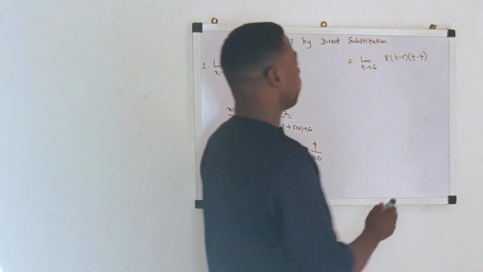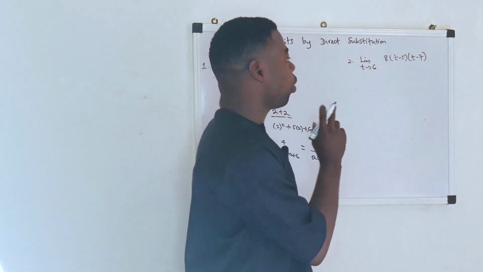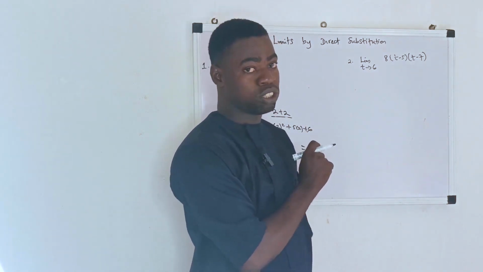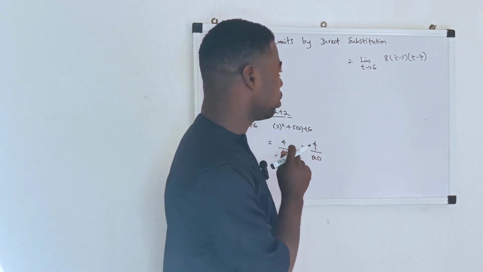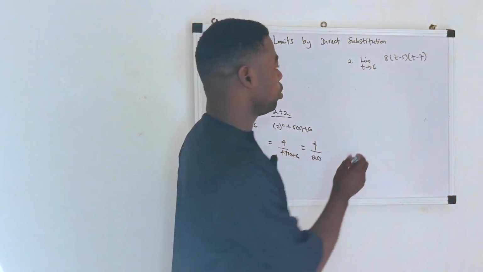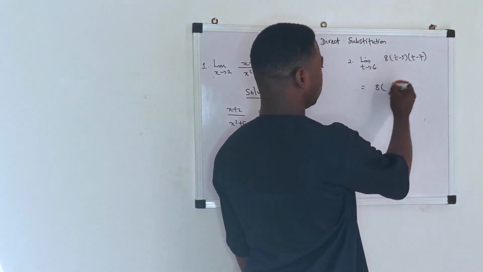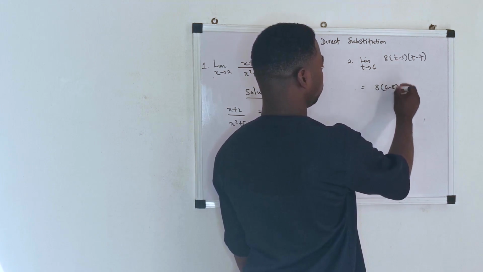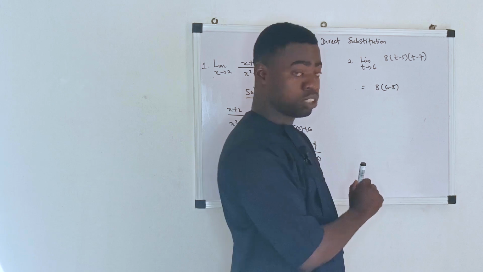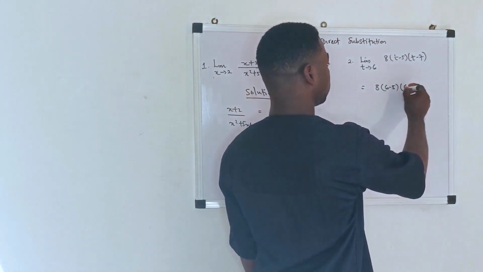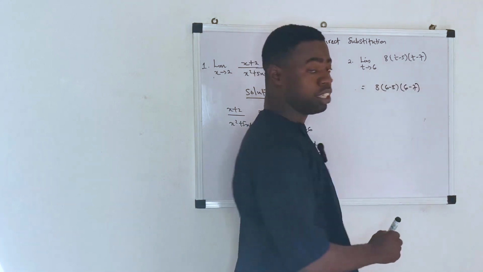So for the limit of 8 multiplied by t minus 5, t minus 7 as t approaches 6, let's see how that works, right? So this will be equal to 8 into 6 minus 5. In place of t, you put 6, right? Because t approaches 6. And this becomes 6 minus 7, right?